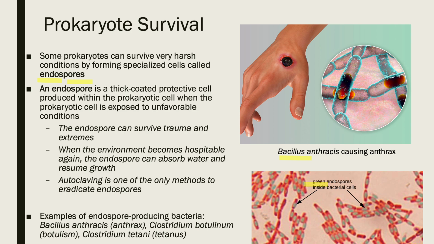We have Bacillus anthracis, which is what will give you anthrax. Back when 9/11 happened, it was 2001. Right after that, the nation was on high alert because we were scared of terrorists. The government told the people that terrorists were lacing American mail with anthrax, which was like a white powder that was the endospore of the Bacillus anthracis bacteria.